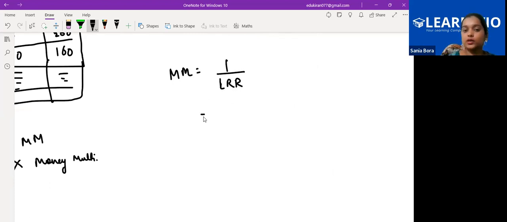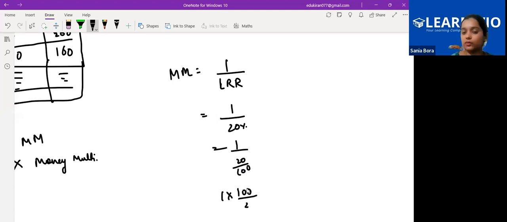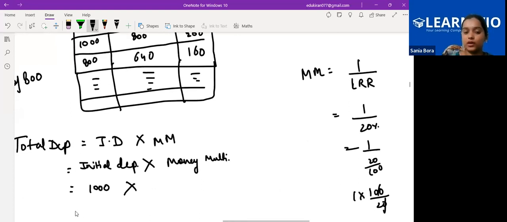So what was your CRR? Ma'am, 20%. That means 1 upon 20 upon 100. You shift it upside, so it will be 1 multiplied by 100 divided by 20. It will be 5. So what was your initial deposit? 1000, and your money multiplier was 5. So 5000 rupees is the total deposit.